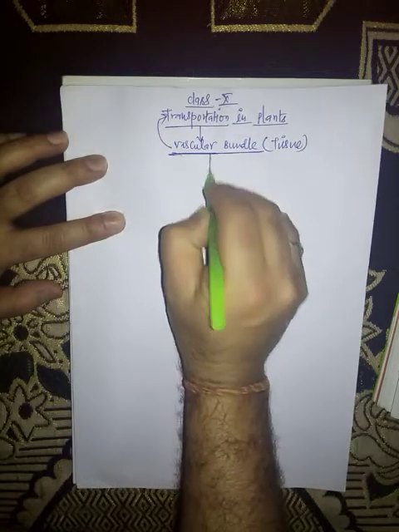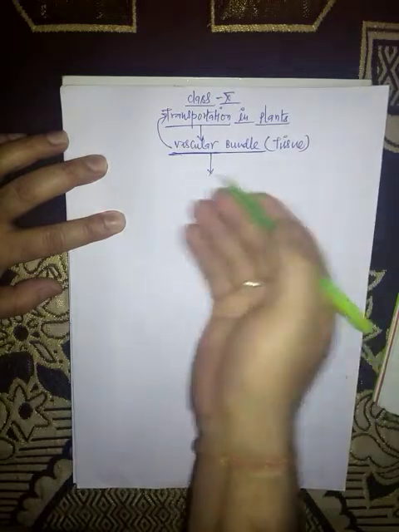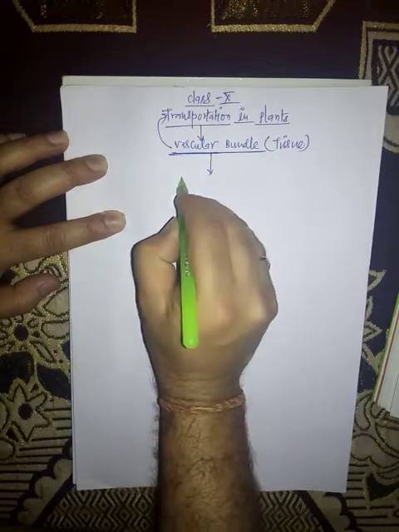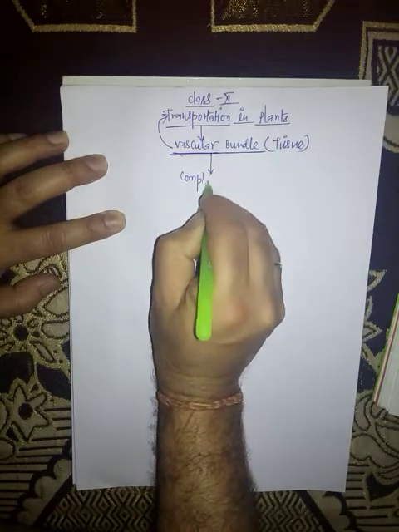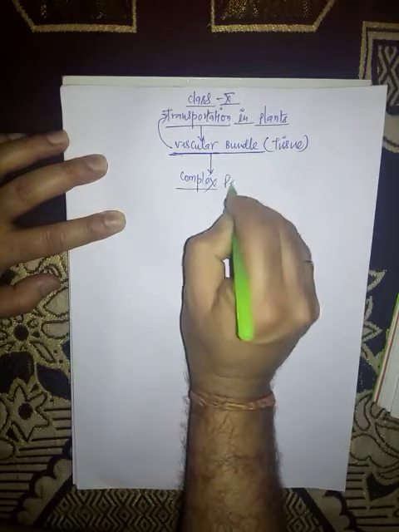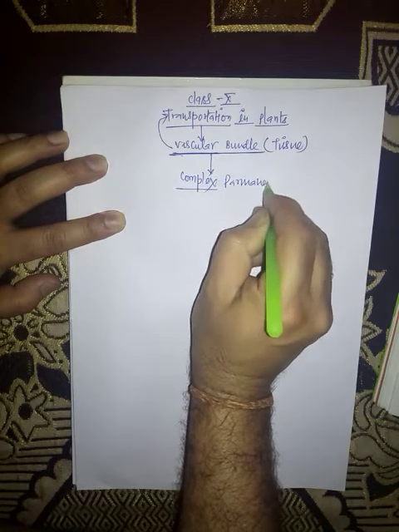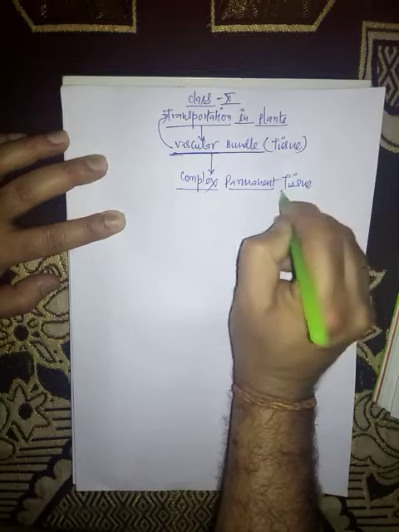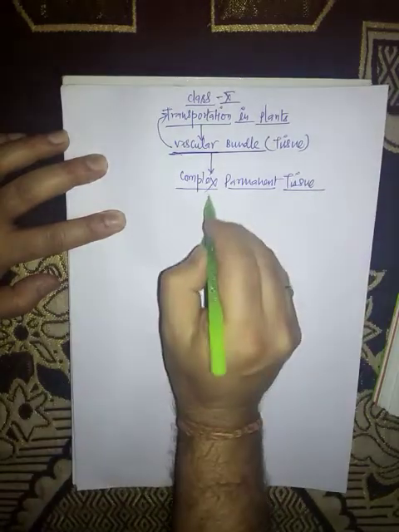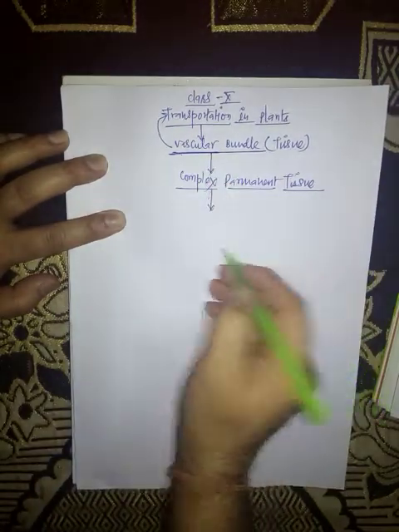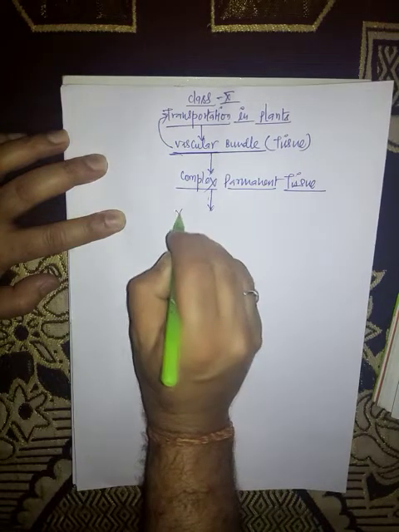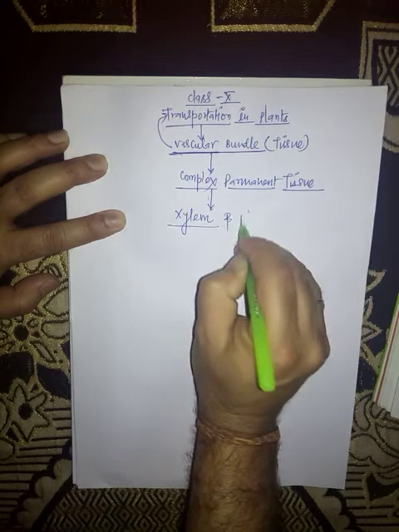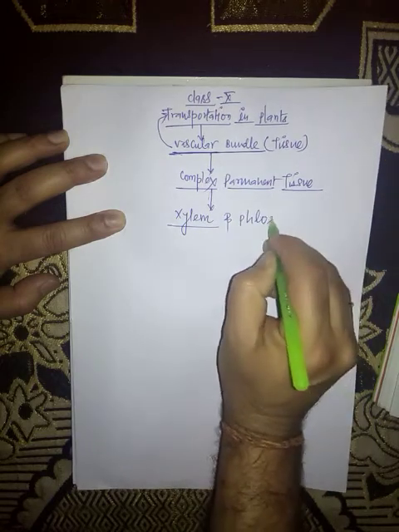This vascular system and vascular bundle is a type of complex permanent tissue. This complex permanent tissue, the vascular bundle, is made up of xylem and phloem.